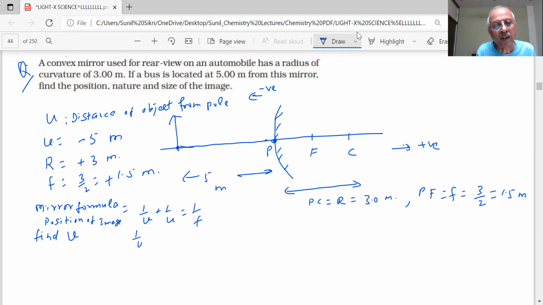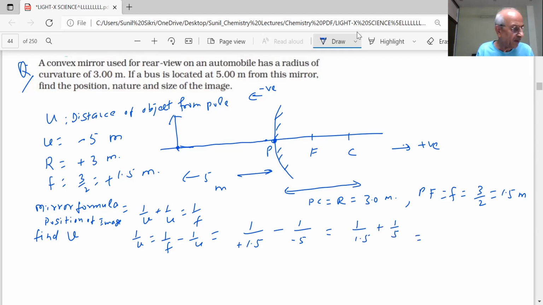So 1 by V is equal to 1 by F minus 1 by U. What is the value of F? Plus 1.5. And what is the value of U? Minus 5. So what will the answer come, student? 1 by 1.5, minus will become plus 1 by 5.